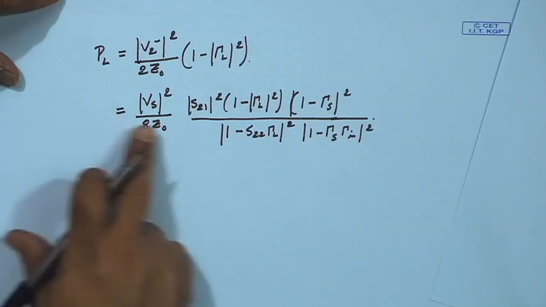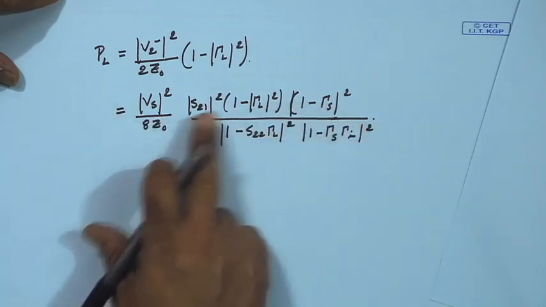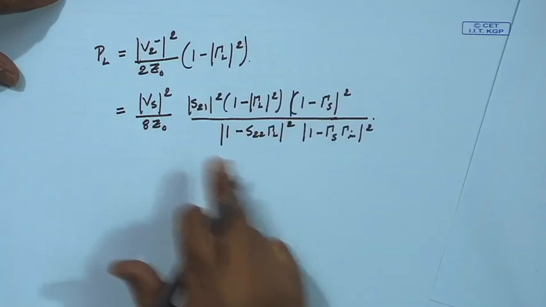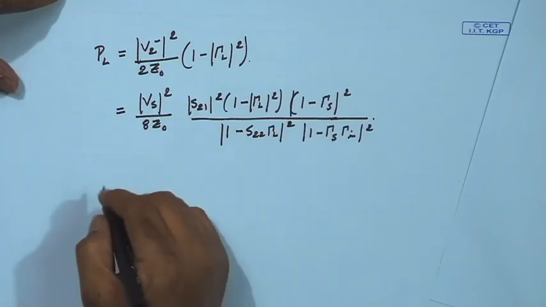So, we have got P L in terms of V s square, and all these are S parameters, and gamma s, gamma L and gamma in.